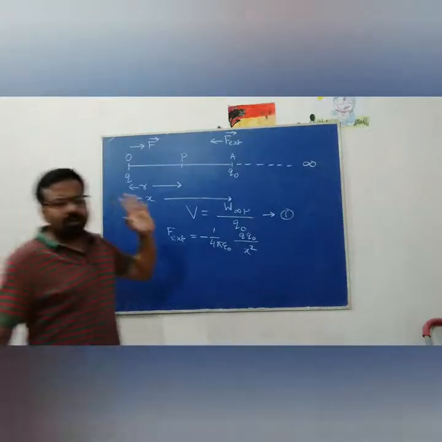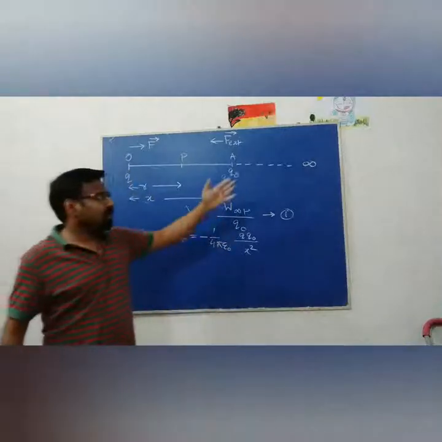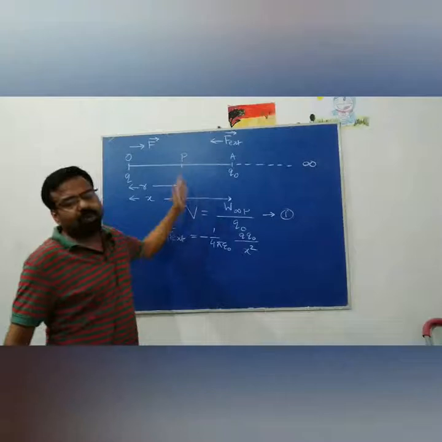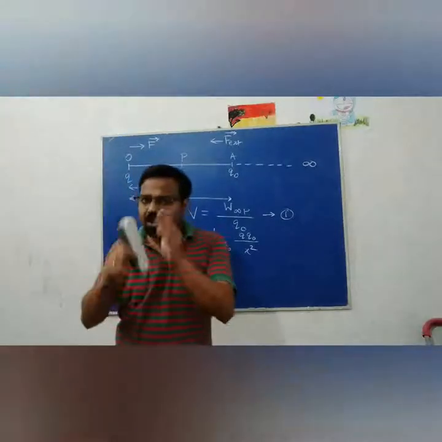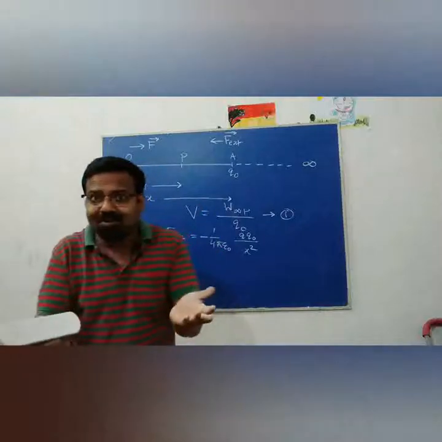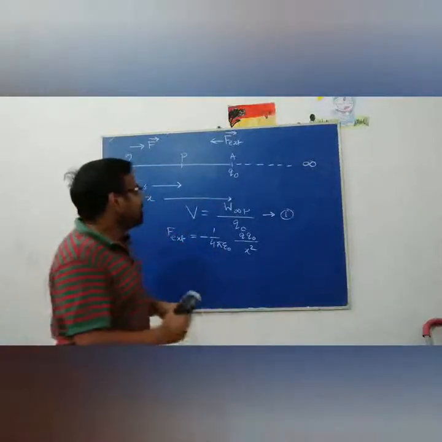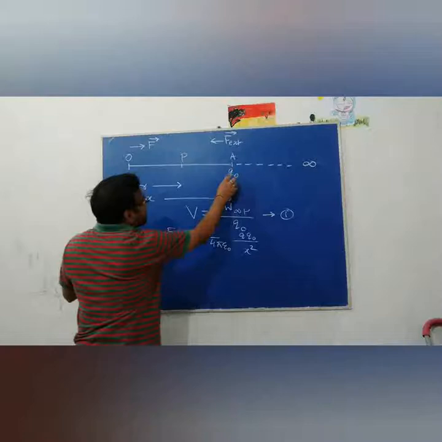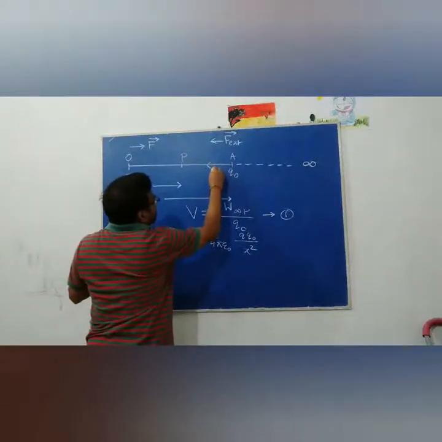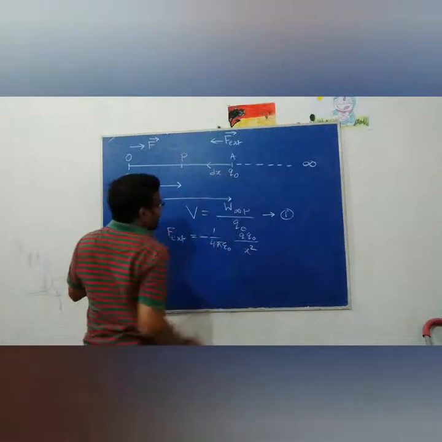So we cannot find out the direct work done from infinity to P. For that, we have to find out first the small work done. To find out the total work done, we go for integration. Say we displace this test charge from point A through a small distance dx.